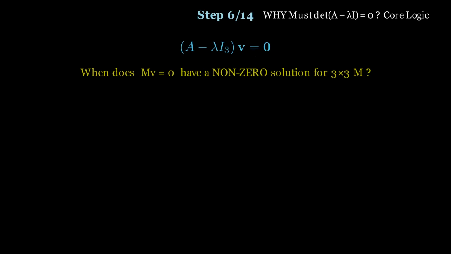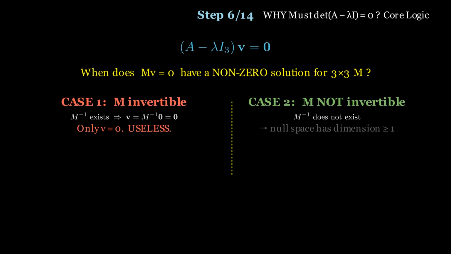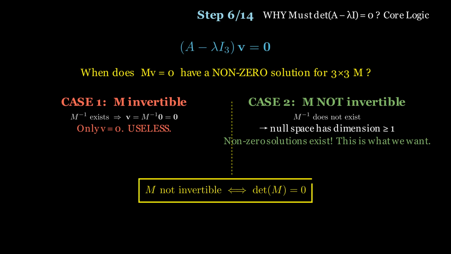Step 6. The heart of the derivation. Now in 3 dimensions. We need A minus lambda I3 to send some non-zero vector v to 0. Case 1. If the matrix is invertible, the only solution is v equals 0. Useless. Case 2.